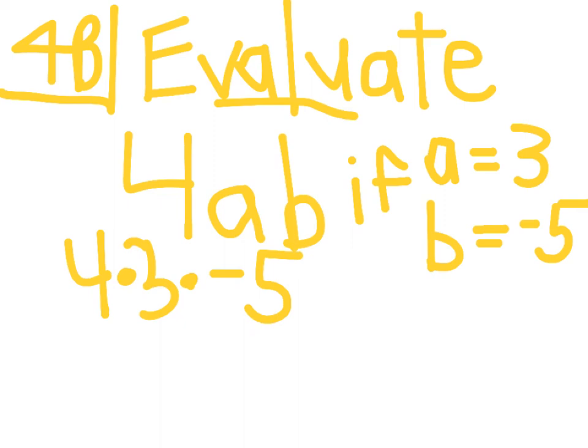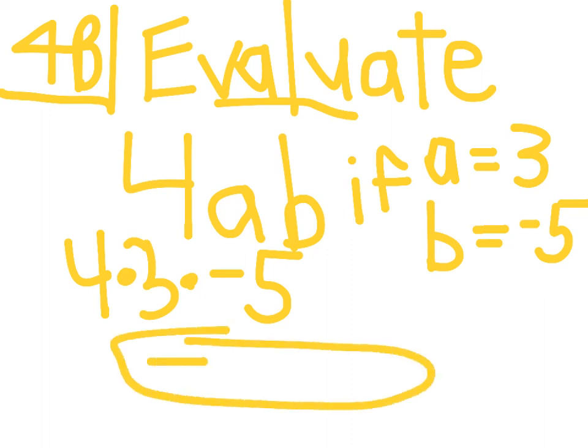We can multiply those numbers in any order, but there is only one negative sign, so none of the negatives will cancel out. 4 times 3 is 12, and 12 times 5 is 60. Or you can do it backwards. 5 times 3 is 15, and then 15 times 4 is also 60, but the answer ends up being negative 60. All right, guys, good luck.